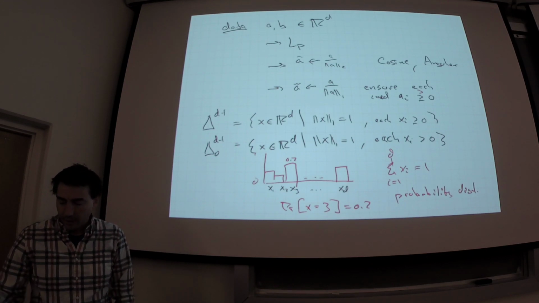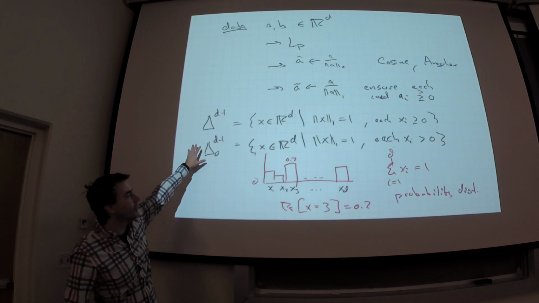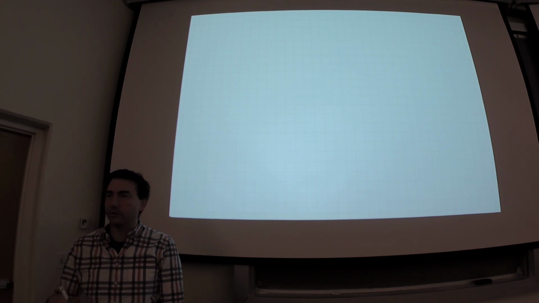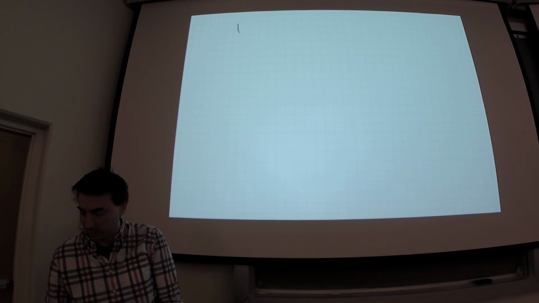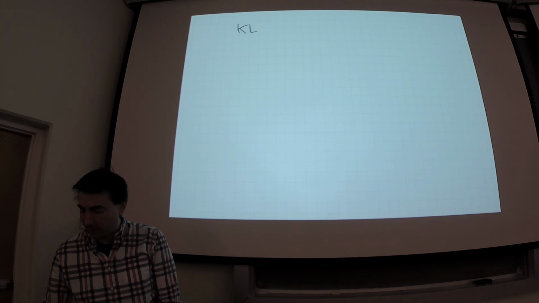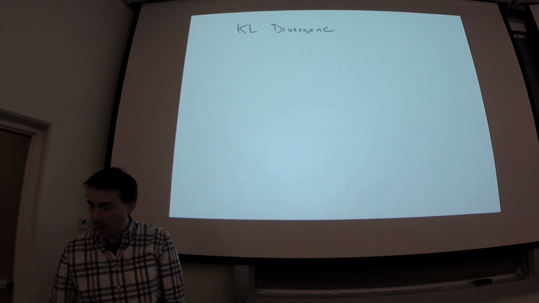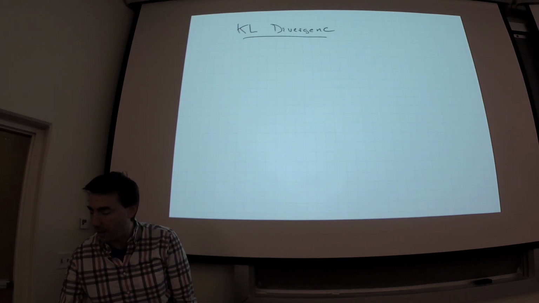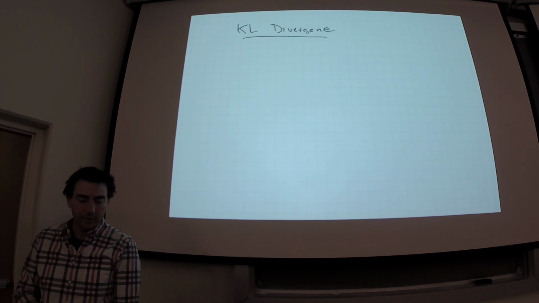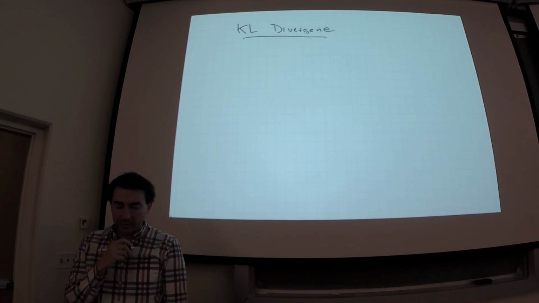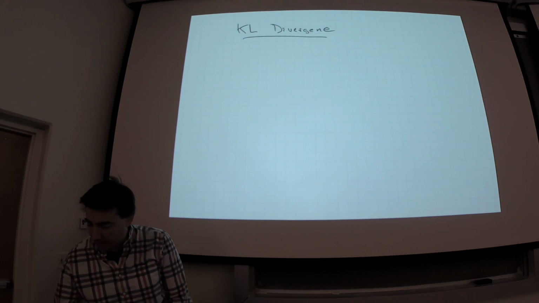This normalization is useful, and it gives rise to certain types of distances that are natural between probability distributions. The most common and famous one is going to be the KL divergence, and so this one is defined.